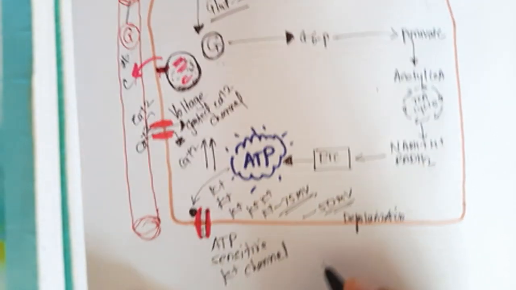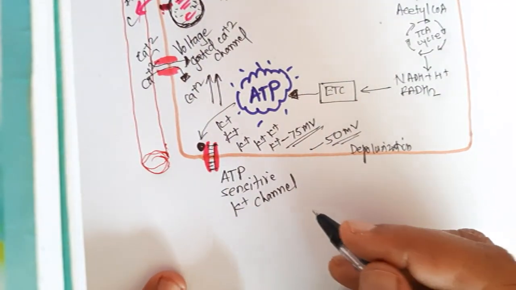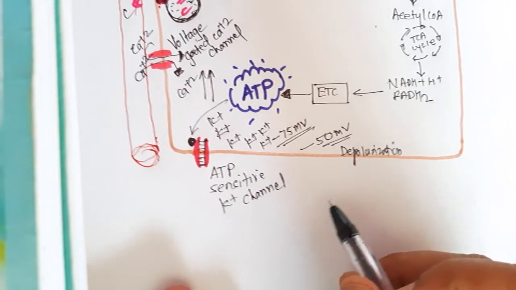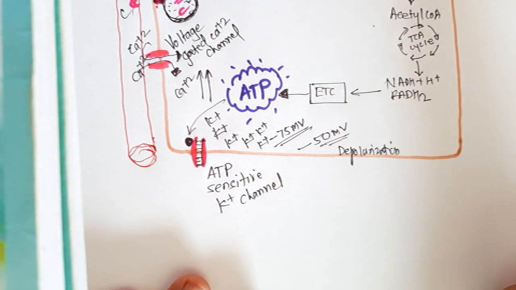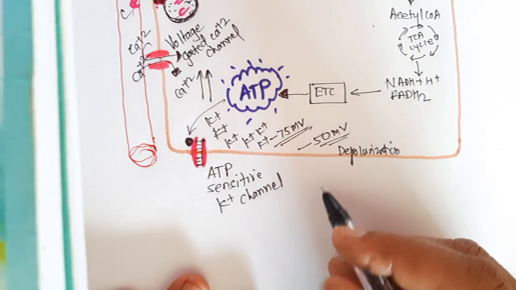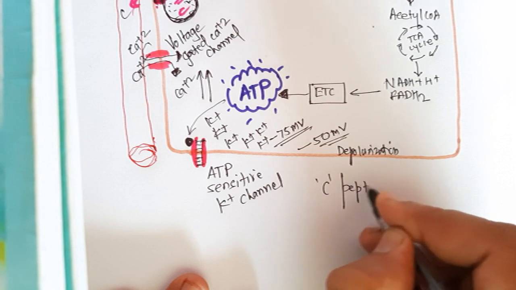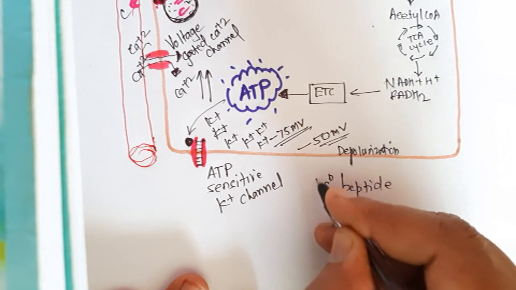Now along with the insulin, there is one more peptide called C peptide. We talked about this when we studied the synthesis of insulin. So what is the C peptide? C peptide is also secreted.